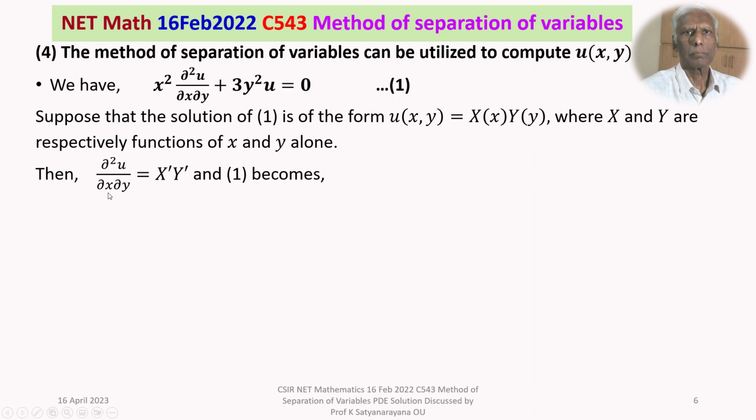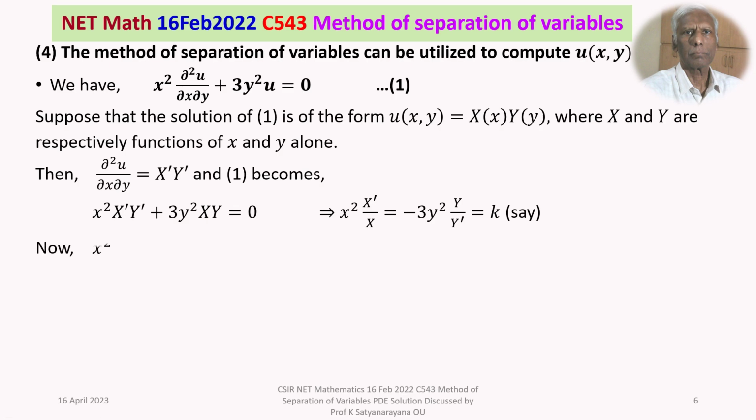Now putting it in equation 1, we get x square into X prime into Y prime plus 3y square into X into Y equal to 0. Now we separate the variables. x square into X prime by X, which is a function of x alone, is equal to minus 3y square Y by Y prime, which is a function of y alone. Let us say each is equal to k.